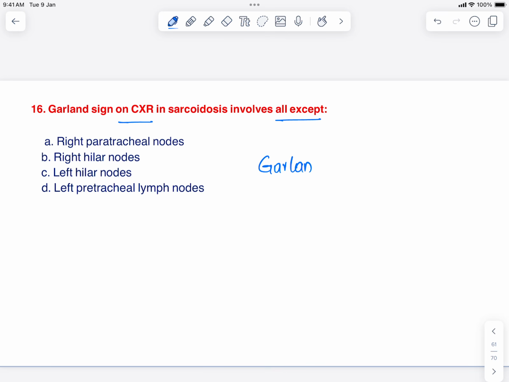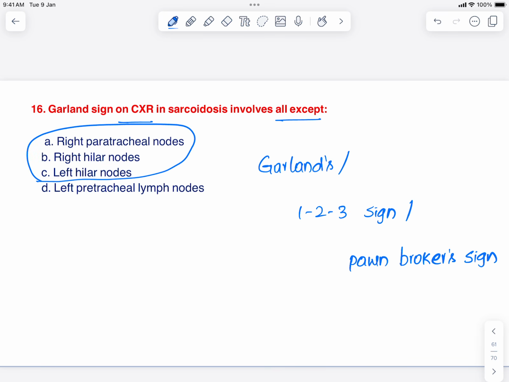Another name for this particular Garland sign is the 1, 2, 3 sign, and it is also called the pawnbroker sign, where there is involvement of your right and left hilar lymph node and right paratracheal lymph node. But left paratracheal lymph node involvement is not observed in patients with sarcoidosis. All right, next question.